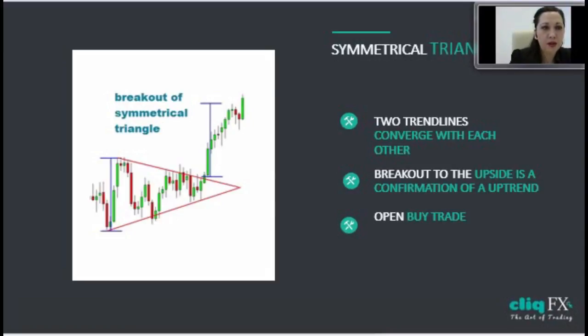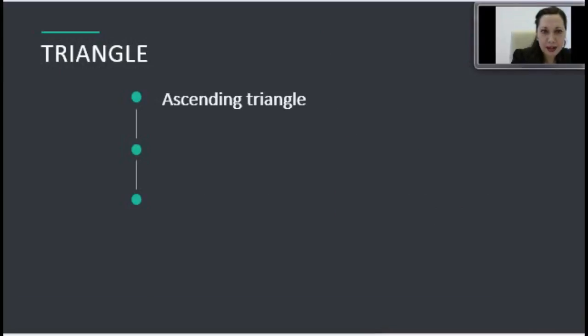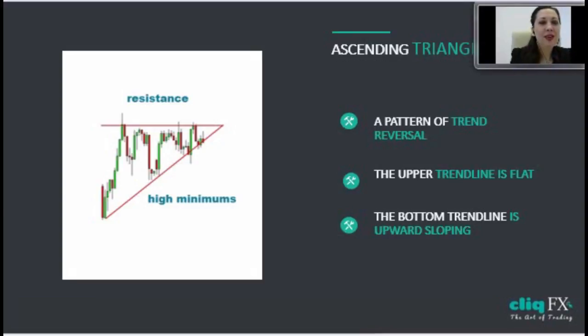Next, the ascending triangle. Let's look at it. The characteristic of this triangle is that the upper line is flat and the bottom line is ascending, or upward sloping. That's why the triangle is called ascending.